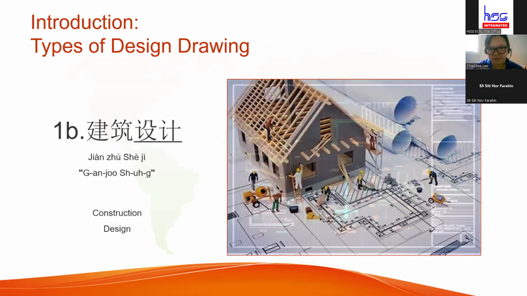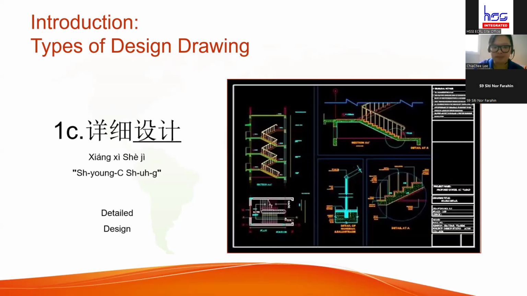Then we have the last type of design, which is the detail design. It's called 详细设计. 详 will be second tone, 细 will be fourth tone. So 详 will be like sh plus yang, but second tone. 香香. 细 will be again A, B, C, the fourth tone.